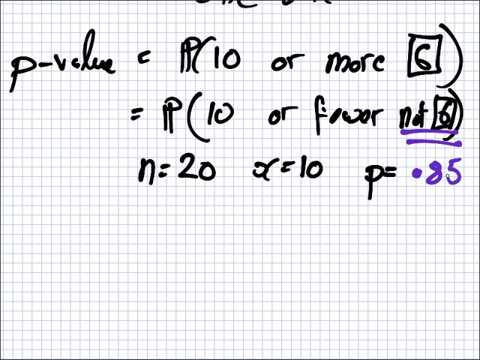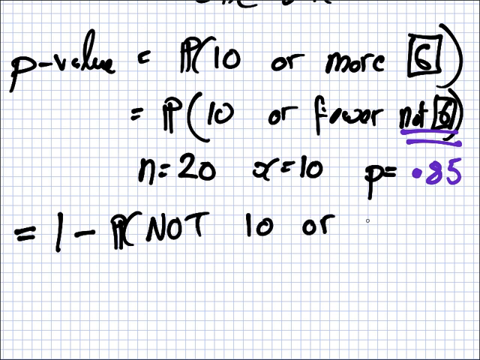Now, we've seen this problem before, haven't we? Does our table book go to 0.85? No. So now what do we do? We have to convert again. What way can we convert? 1 minus the probability of not 10 or fewer, and I'll just write X's for failures.